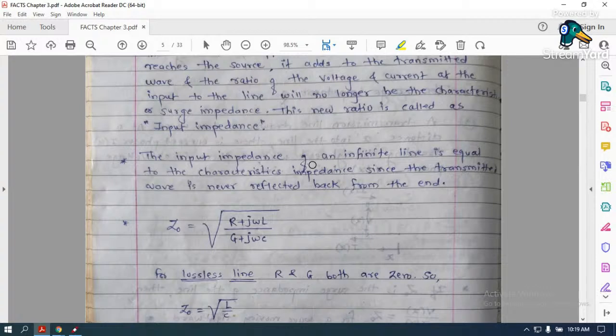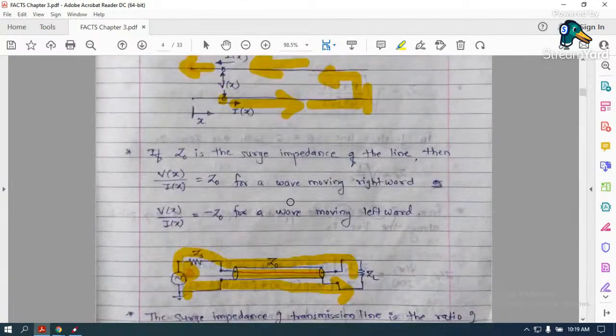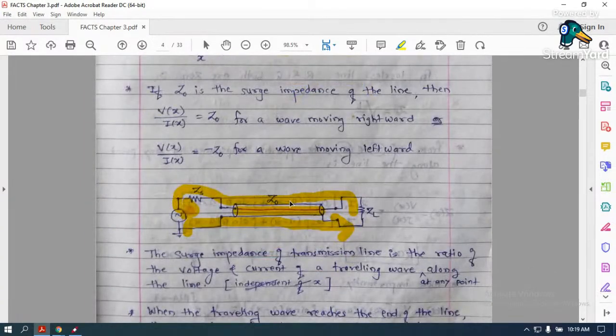The input impedance of an infinite line, if I consider an infinite line. Infinite line means what? A transmission line having infinite distance, right? In that case, definitely the reflected wave will be absent, correct?